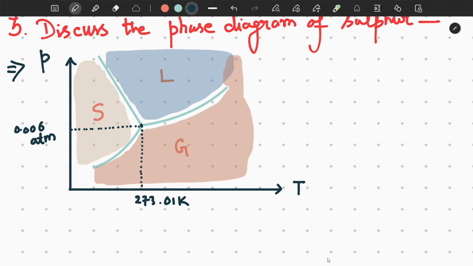Let me search once more. Yes, it's correct. Triple point of water. So this is the triple point.